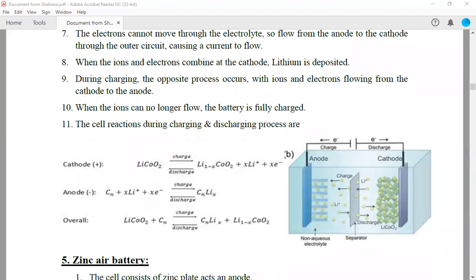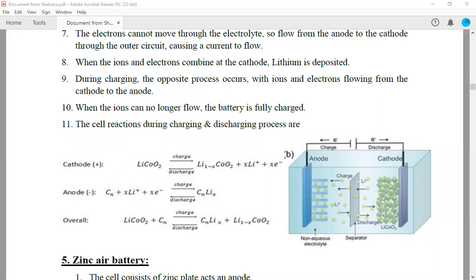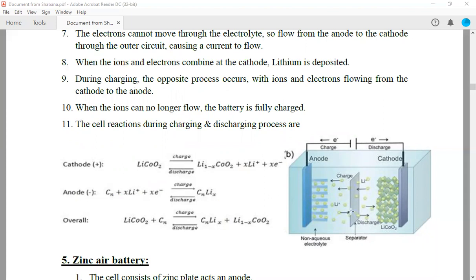When the electrons and ions combine at the cathode, lithium is deposited. See here, lithium is deposited at the cathode. So this is about the discharging process.